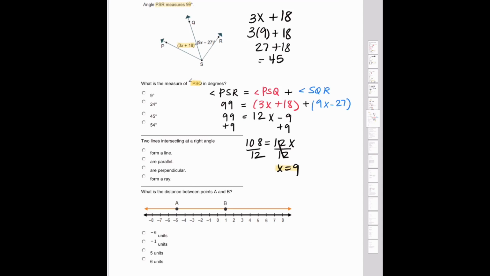So that tells us that angle PSQ, that is that angle right here that we are looking for, is equal to 45 degrees. So that is our answer. Okay, let's move on to the next problem.